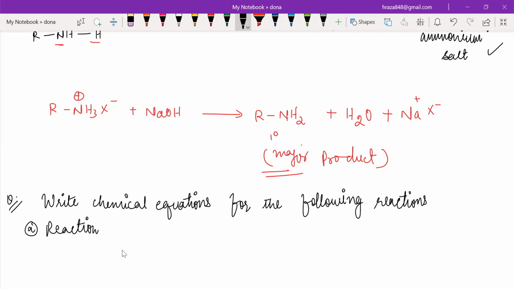First one is the reaction of ethanolic NH3 with C2H5Cl. This is the first part. Please do. Let me know if you are unable to solve.